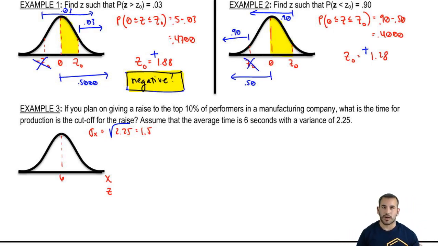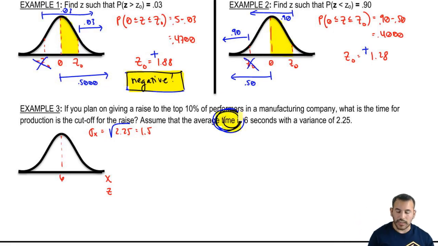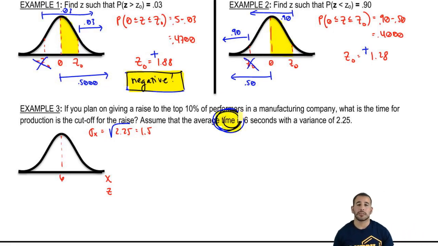That sounds like it'd be the top, but time is always basically something that screws things up. The reason I say that is because with time, sometimes the best is the least amount of time, and sometimes the best is the most amount of time. For example, if I was talking about battery life, your top phones would be the ones with the highest battery life.